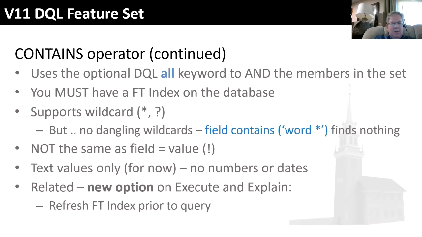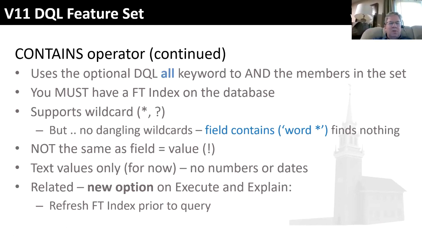Same idea. Now there are some modifiers here. One is the word all, which is essentially an and. It says I want to take everything in this list that I gave you, and I want to make sure they're all in the found set. So every term in the contains list will have to be found for it to be a hit.